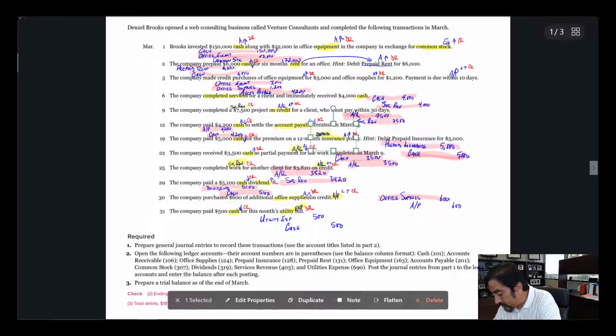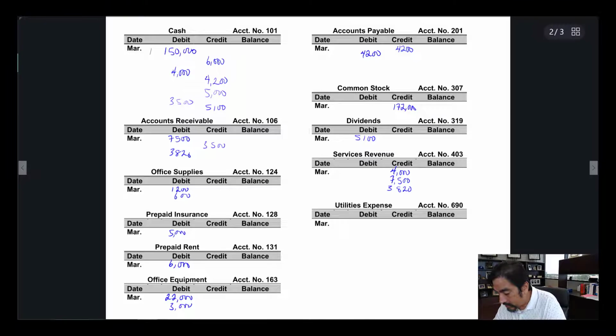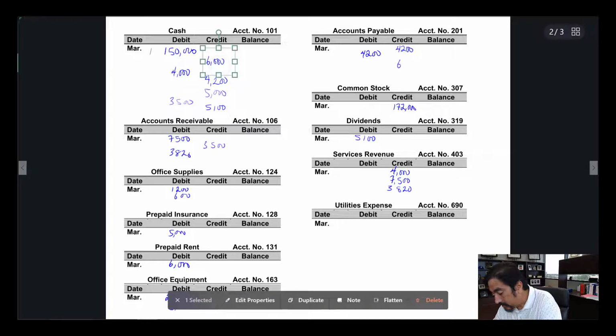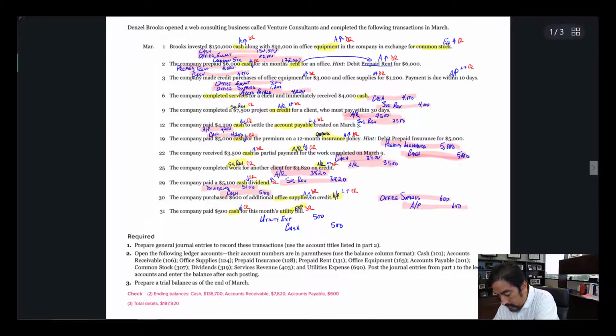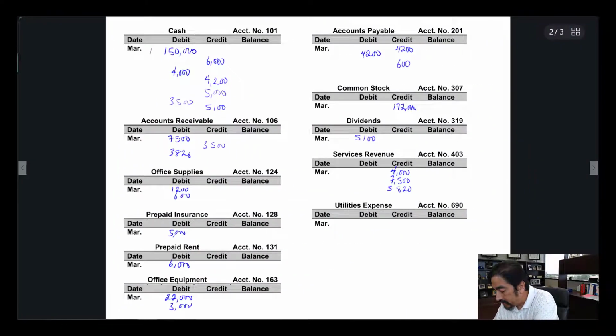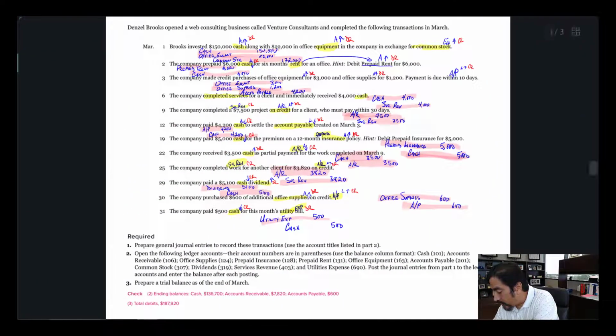A credit to accounts payable for $600. My last two, a debit to utility expense for $500, and a credit to cash for $500.